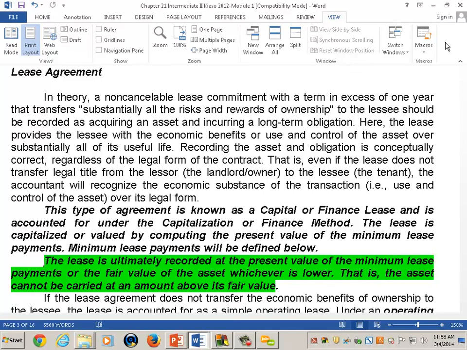So that means working capital is improved, because it avoids reporting the current portion of lease debt as a current liability. All right, so working capital improves.